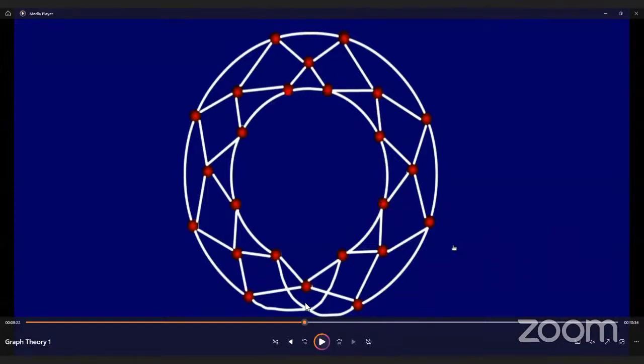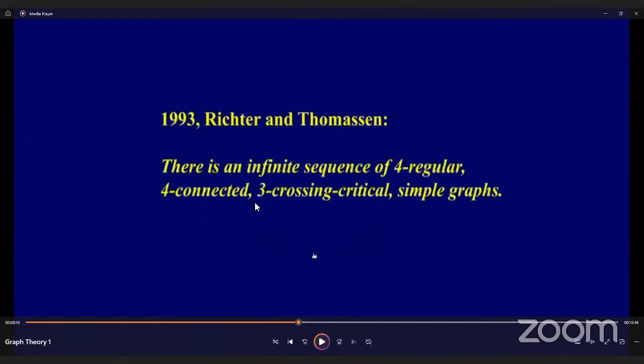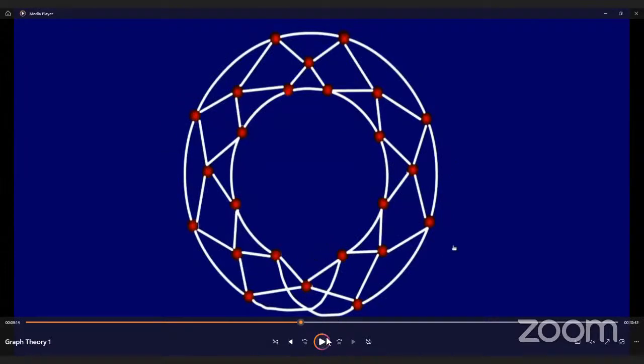Then you're going to have something like this, 3-crossing-critical. 3-crossing-critical means that the graph has crossing number 3, and when you delete one edge, the crossing number decreases to 2, 1, or no crossing. A simple graph means it has no loops and no parallel edges.